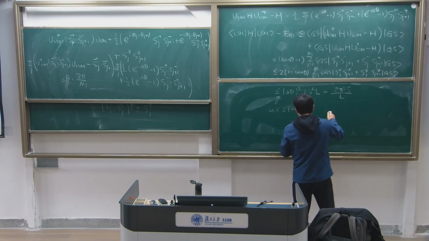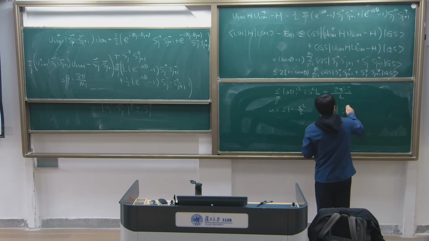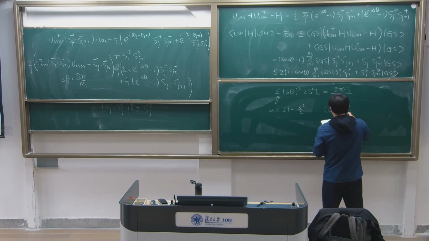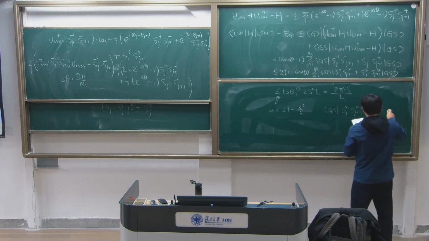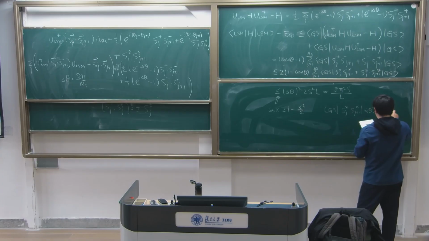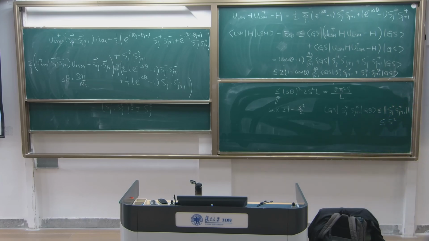And also, we use the ground state with J and J plus 1 with the norm of S, and then less than S. That's why we use it.